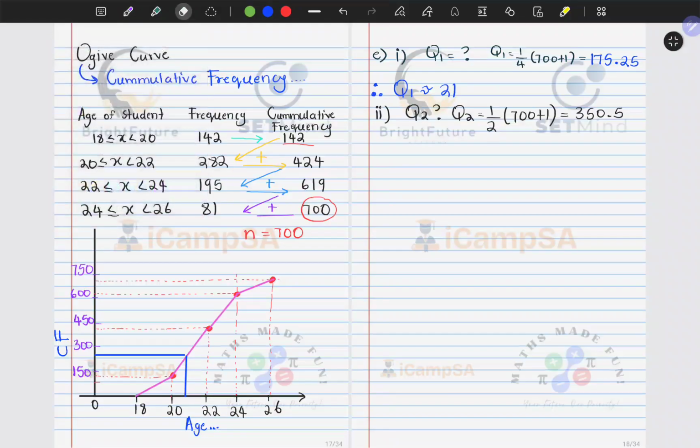So we erase that and just make it purple. So what we have is 350.5. So that's the position. So if you note carefully, 350 is somewhere in between these here. So my scale is actually not correct. I'm missing. No, it is correct. So 350 is somewhere here.